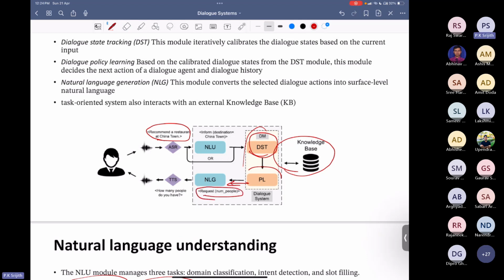So here the action is request, where it is asking the NLG to ask the user to provide some information about NumPy. So the action is request rather than inform, and therefore the NLG is generating a sentence like how many people do you have? So it's basically represented using different words, whether it is a request, inform, etc. Sure, sir. Got it. Thank you.